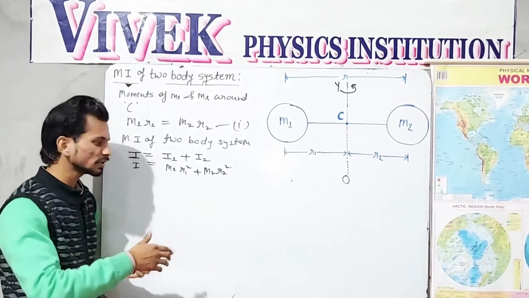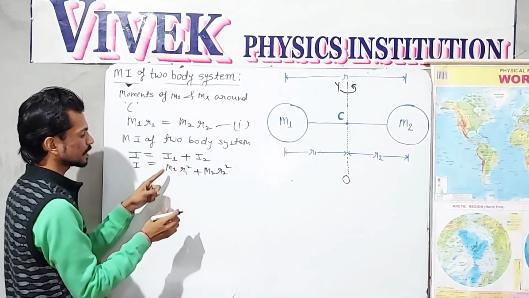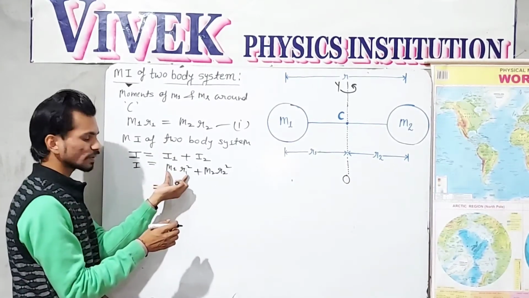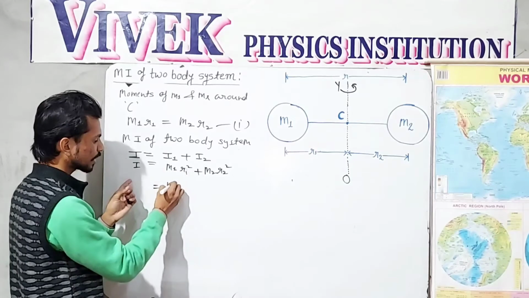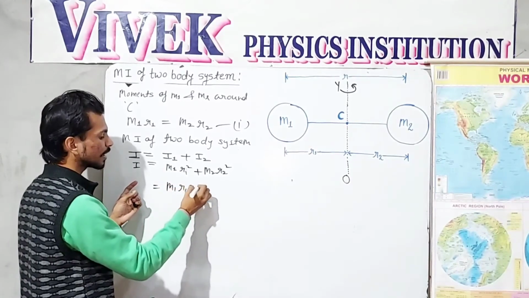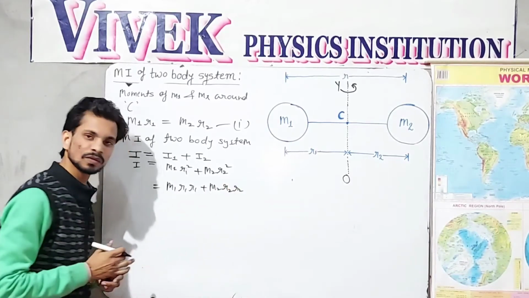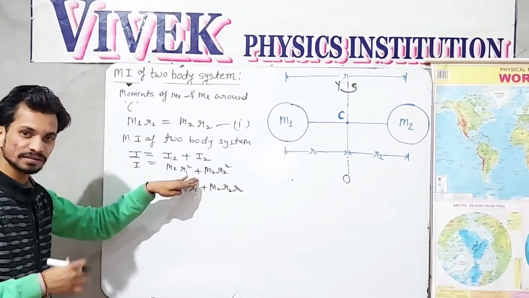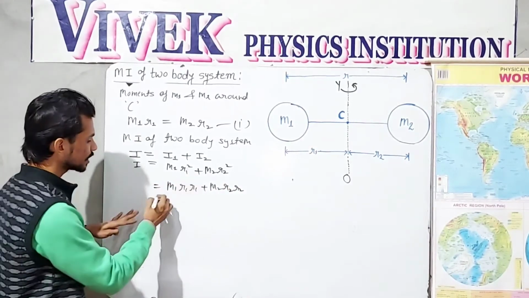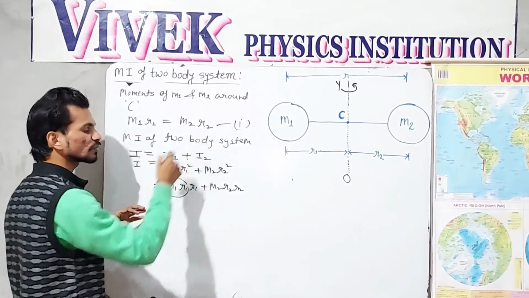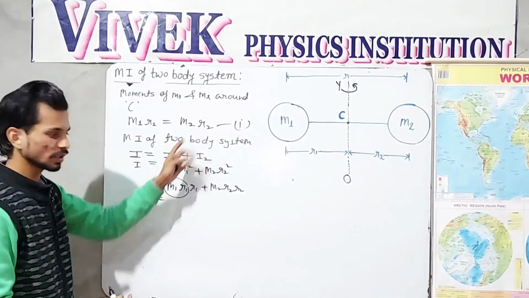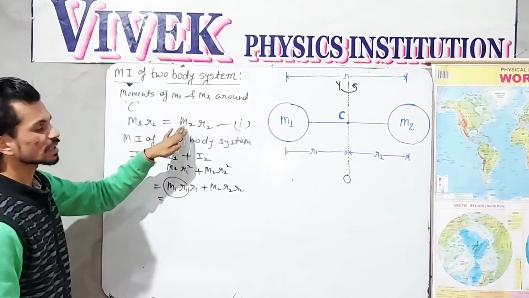In order to do that, I can use equation number 1. First of all, I am rearranging these terms like that: m1 r1 and r1, and this is m2 r2 and r2. These are the same as this equation is. Here m1 r1 from equation number 1 can be replaced by m2 r2, since m1 r1 equals m2 r2.